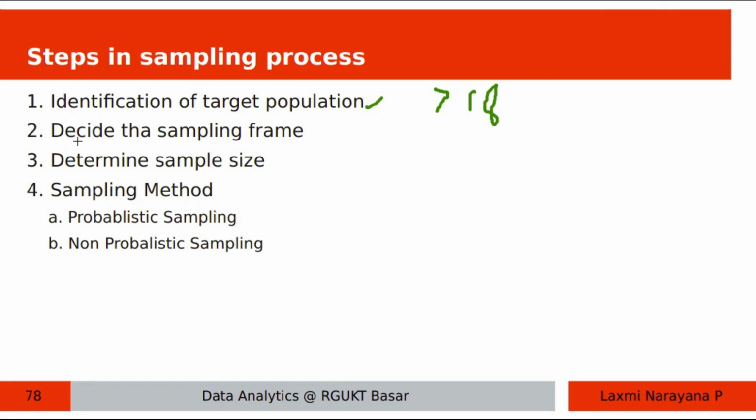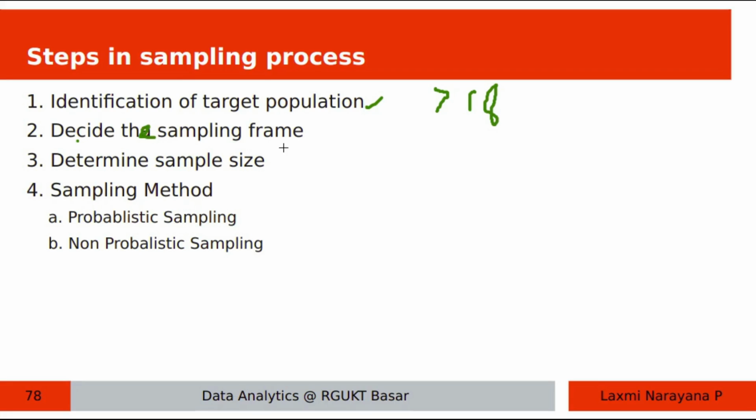Second one, decide the sampling frame. Sampling frame defines the source used for identifying the people of the target population. In our previous example, Literary Digest used the telephone directory as the sampling frame, which turned out to be an incorrect sampling frame.